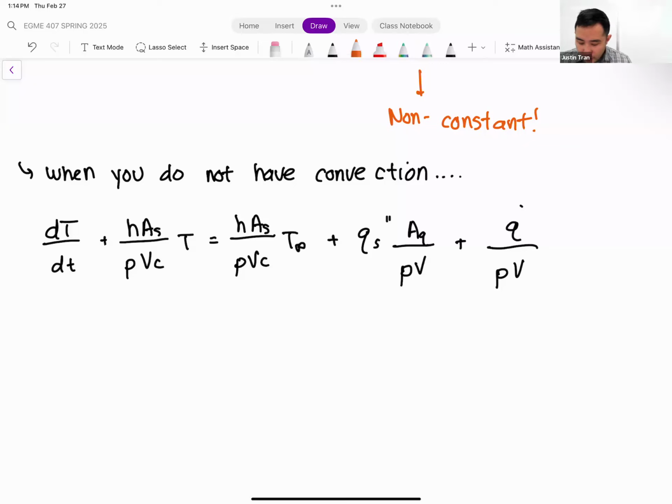Okay, so without convection, let's say we have a situation where there's no air flowing at all, and so there's no convection at all, we can cancel these two terms here.